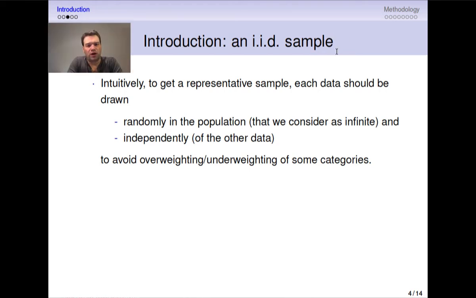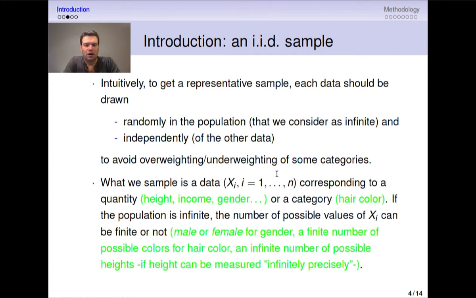But what we sample is, okay, individuals, but more precisely, what we sample corresponds to values. For example, in the case of the height of an individual, we pick up an individual at random in the population, and what do we do with that?